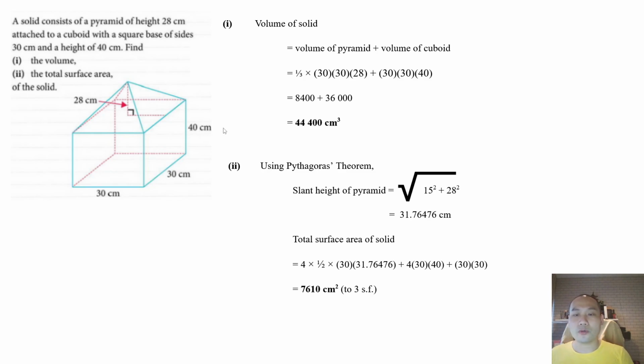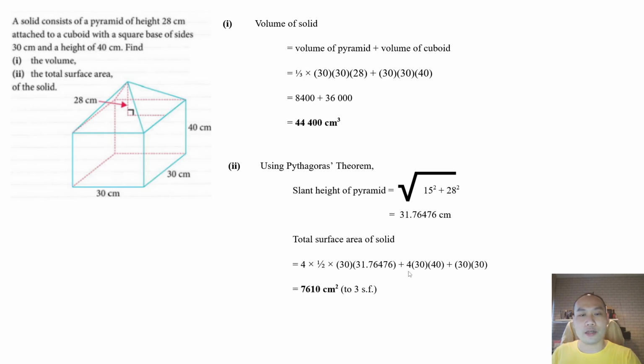So that's the slanted height, which is the height of each of the triangular lateral faces of the pyramid. With that, we can calculate the total surface area. First of all, we have the area of triangle, which is half times base times height. So half times 30 times the slanted height, 31.76476, which is this portion here. Since we have four identical triangles like this on the pyramid, we multiply by 4.